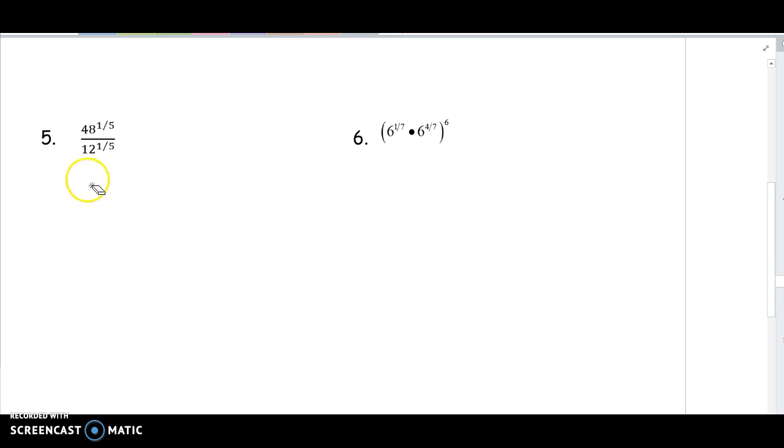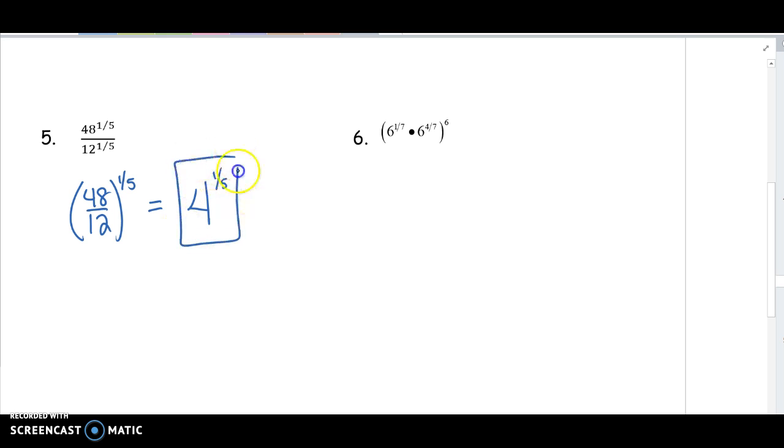So why don't we put 48 over 12 back into the parentheses and put that 1/5 outside of the parentheses? We just use the property backwards. We have a property that says if we start with this, we can break it up into 48 to the 1/5 over 12 to the 1/5. We use the property backwards. But now we can do 48 divided by 12. What is 48 divided by 12? 4. So our answer is 4 to the 1/5, which is a whole lot simpler than what we started with.